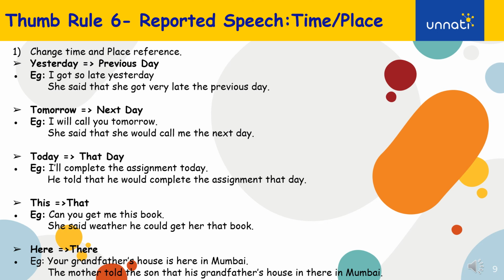Your grandfather's house is here in Mumbai. Suppose a mother is telling her son that your grandfather's house is here in Mumbai. And suppose a third person present during the conversation is narrating the story and is saying, I heard the mother told the son that his grandfather's house is there in Mumbai. So here changes to there. Okay?